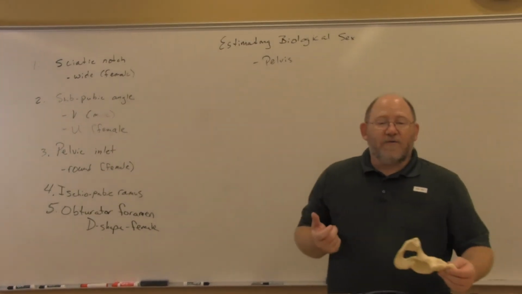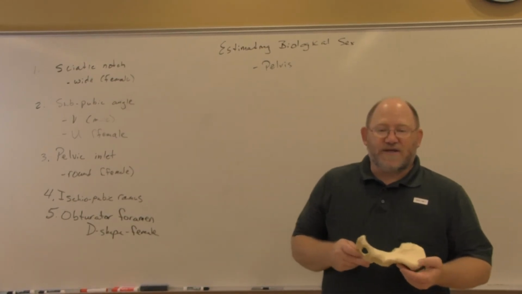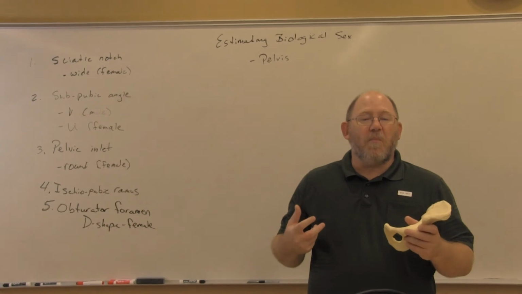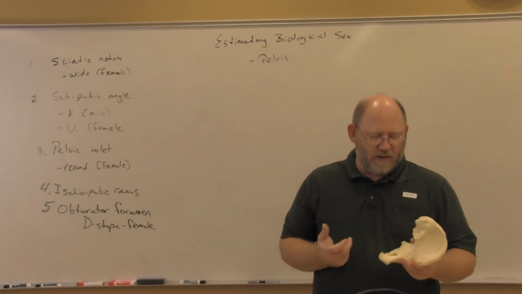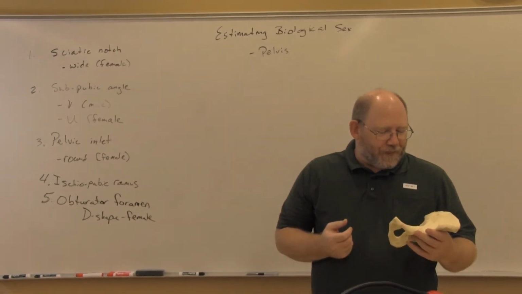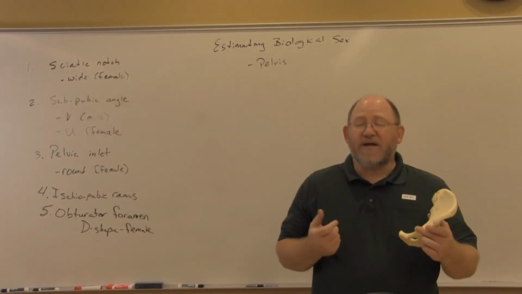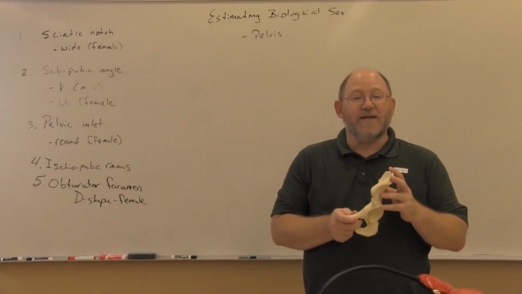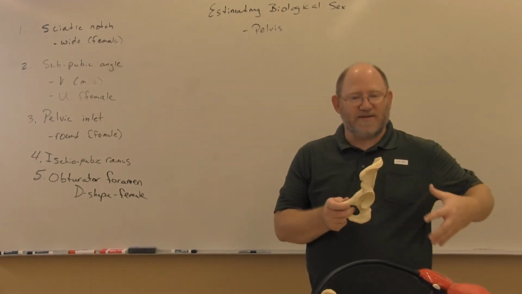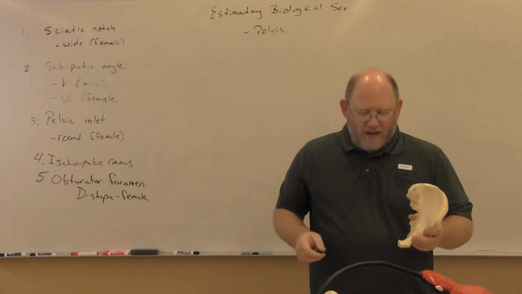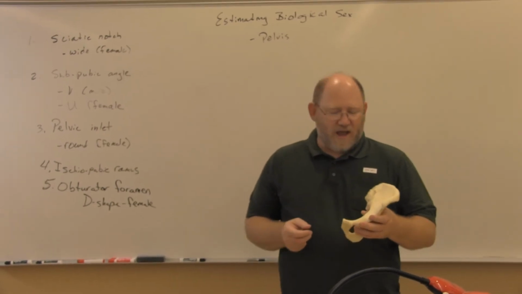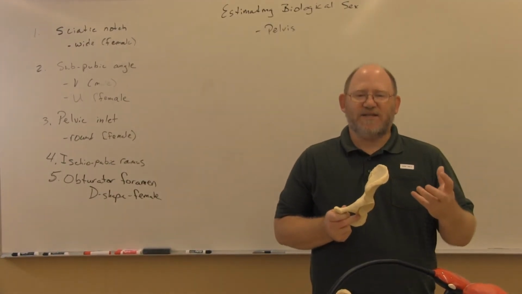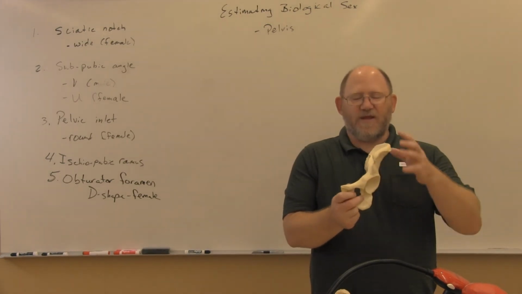Okay, so I want to give at least one characteristic, and hopefully for each bone in the pelvic girdle. So I'm going to give two associated with the ilium, the big bone that's on the side of your hips. The first one has to do with the shape of the iliac crest.